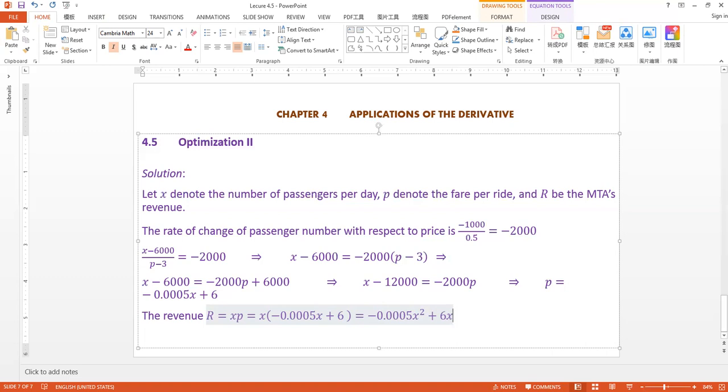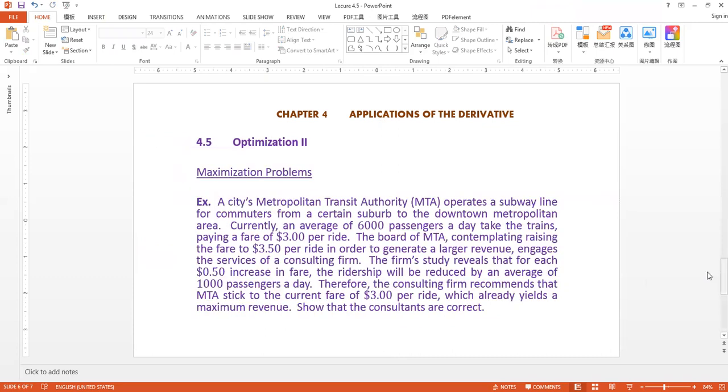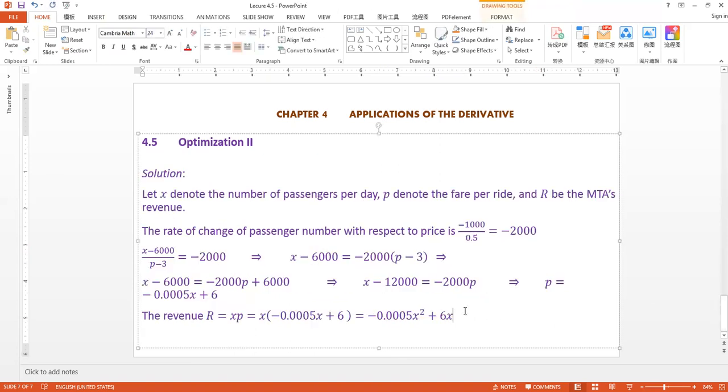Now we need to maximize the revenue. Okay, right? So they want to get maximum revenue. So let's try to find when we can obtain the maximum revenue. But first, we need to find out the interval for x. Okay, x cannot be any number.